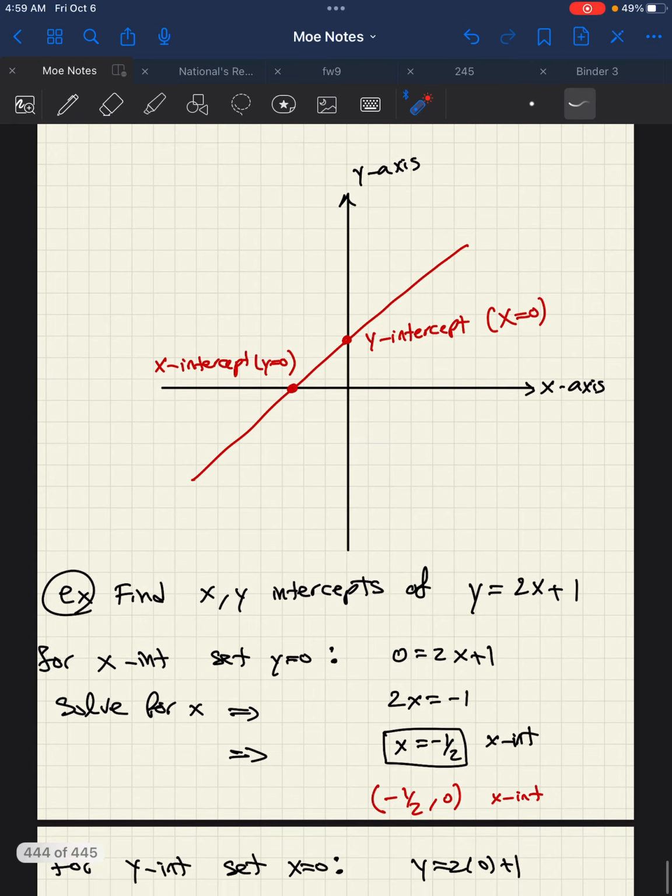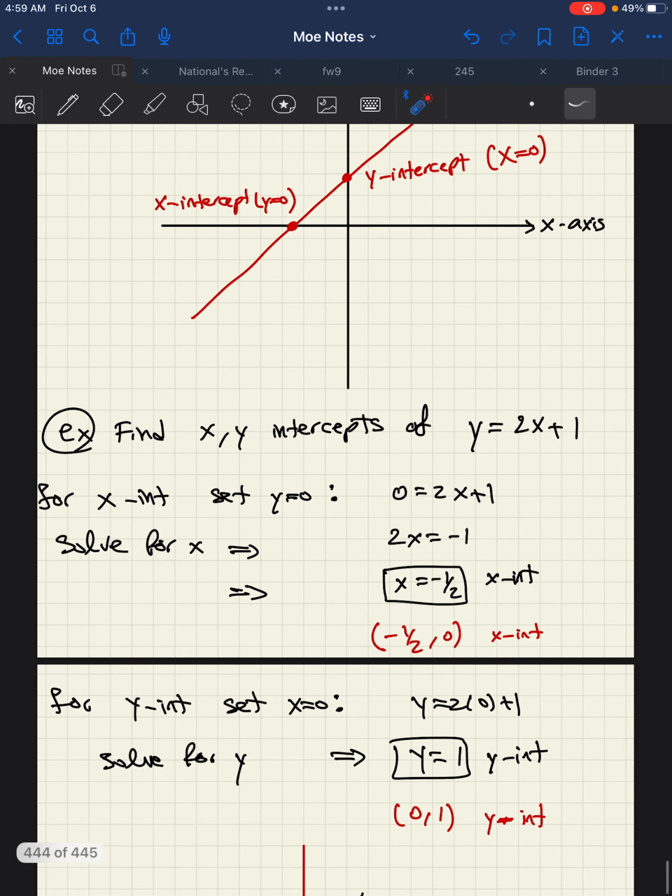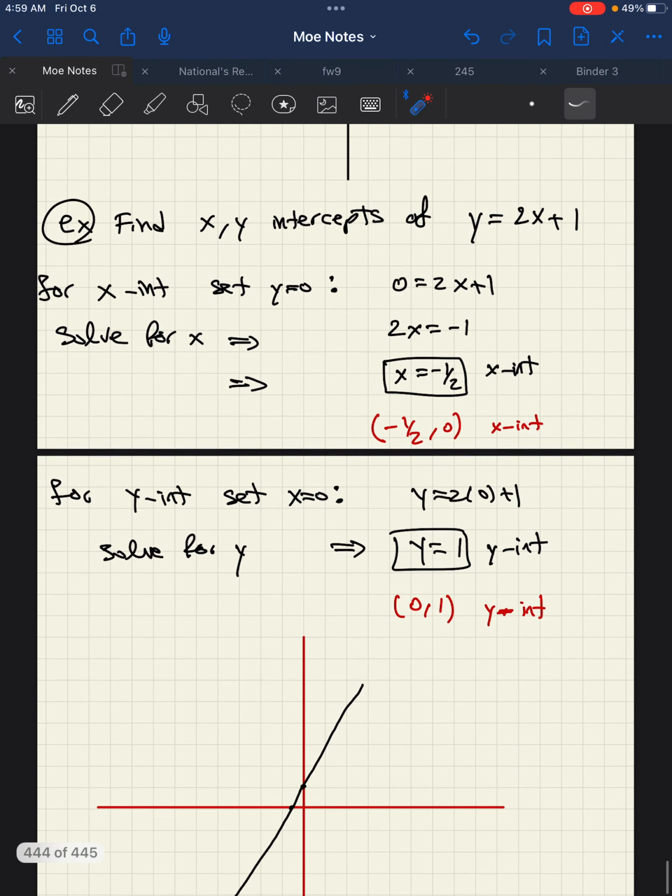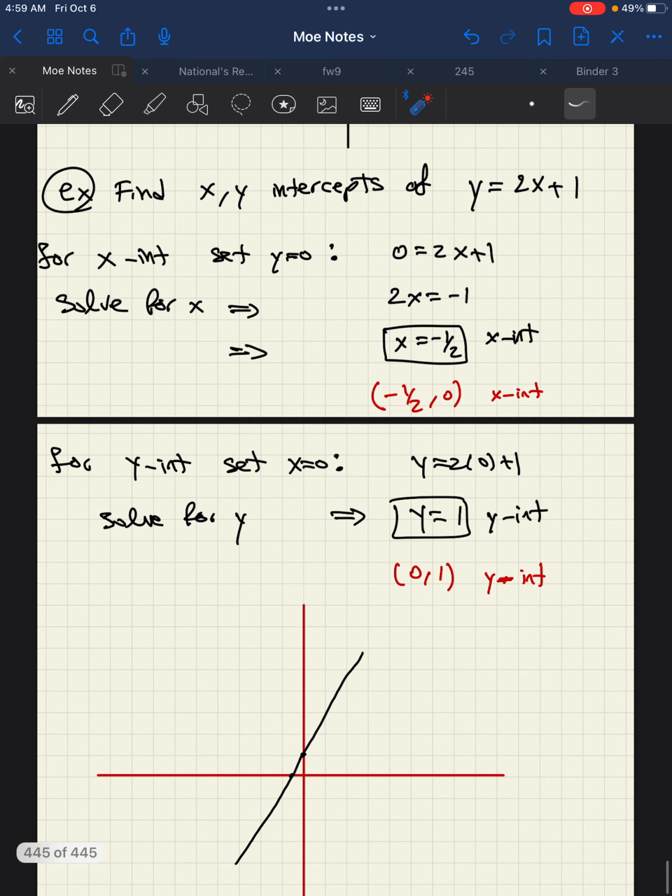So how to find x and y-intercept? Here's an example. I've given you a function y equal to 2x plus 1. In order to find the x-intercept, you set y equals 0. So I put 0 for y, and I write 0 is equal to 2x plus 1. Then you solve for x.